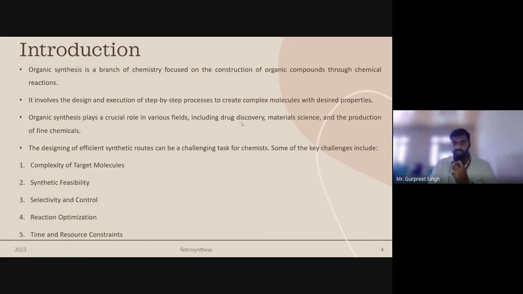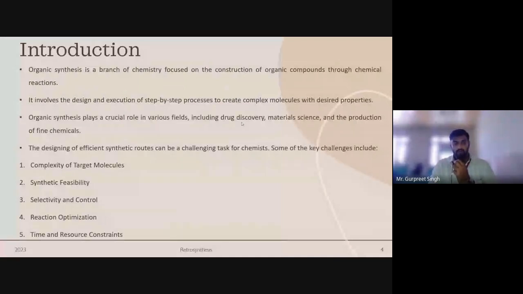So there are some challenges which a chemist might face in synthesis. First, the complexity of the target molecule. We must know how complex your molecule is. Is it easy to synthesize, or does it have complexities like regioselectivity and chemoselectivity? Is it an open chain, a branched chain, or a closed or spiro compound?